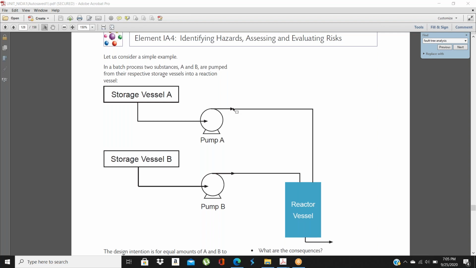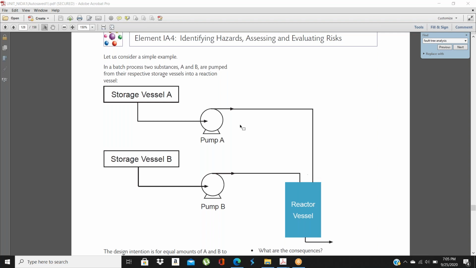Now let's suppose this line is choked in the middle. So this pump is pushing the fluid, but the fluid is not going here. So here the pressure gauge will have more pressure, and this will have the reactor pressure. I cannot draw the diagram now because this is a PDF.